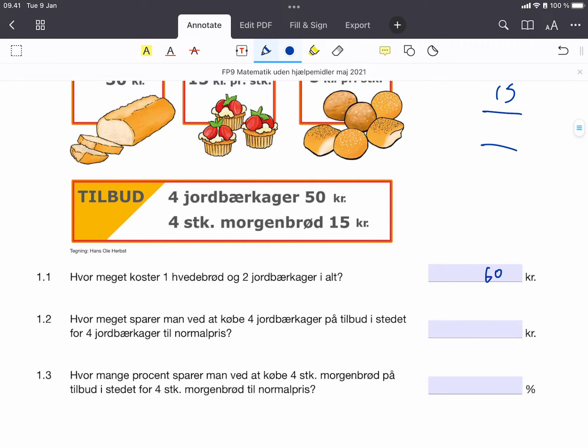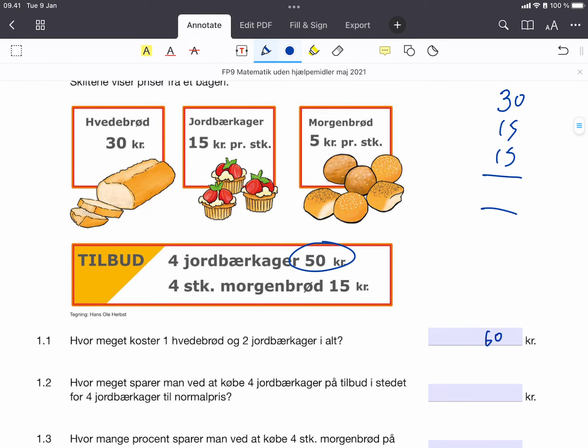How much do you save by buying 4 strawberry tarts on offer instead of buying 4 at the normal price? Okay, so 4 on offer is 50 kroner. 4 at the normal price is 4 times 15, which is 60. So 60 minus 50 means you save 10 kroner.